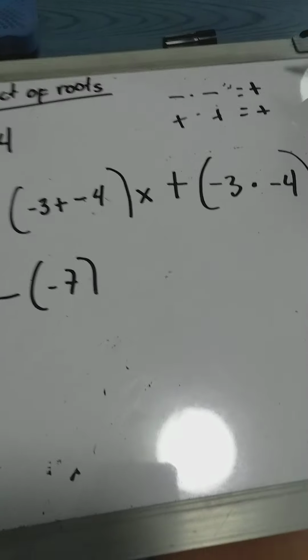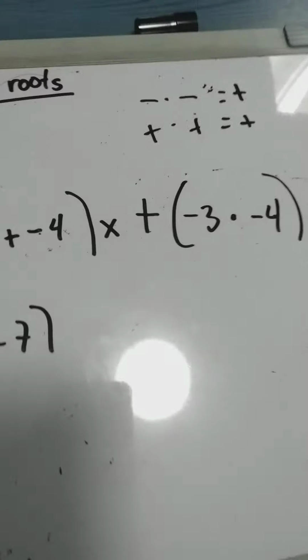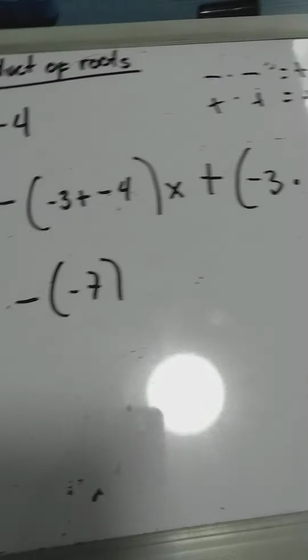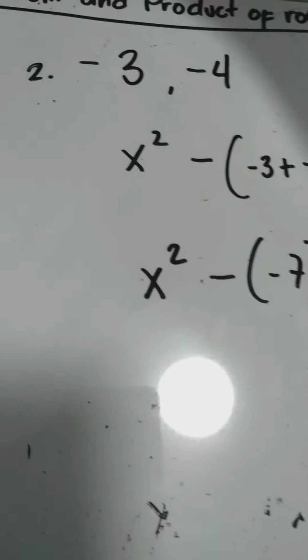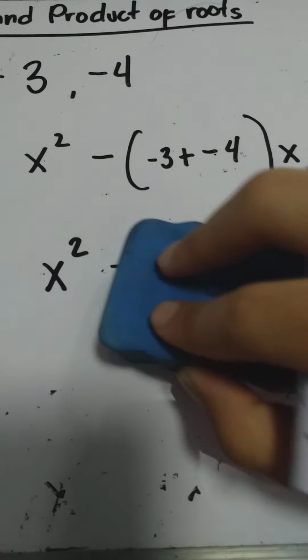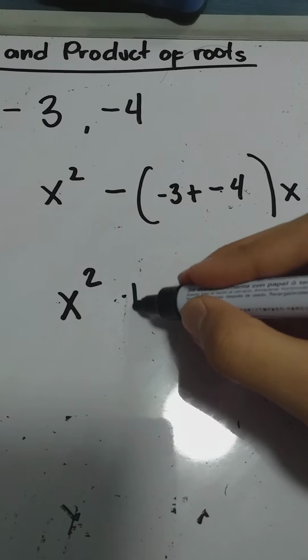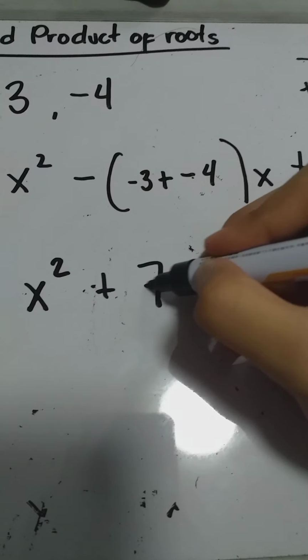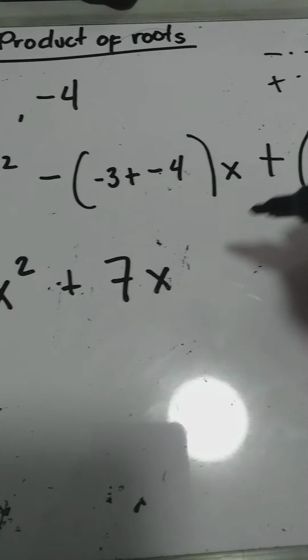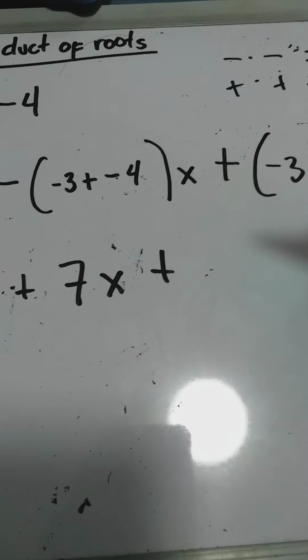It's always like that. If it's different signs, if it's a negative and a positive, it becomes a negative. So this -7 will not become a negative anymore. It will become positive. Dapat positive tayo sa buhay. 7, then don't forget your x. Then put the plus sign.